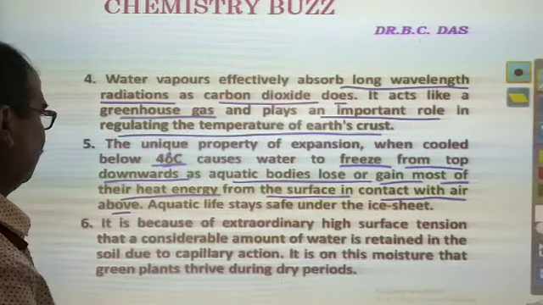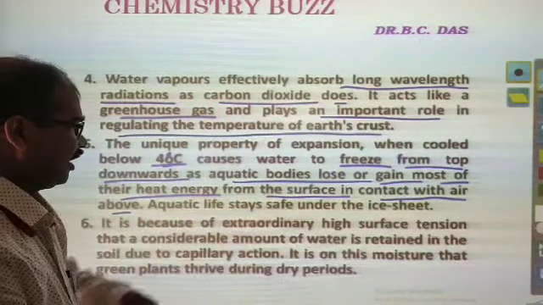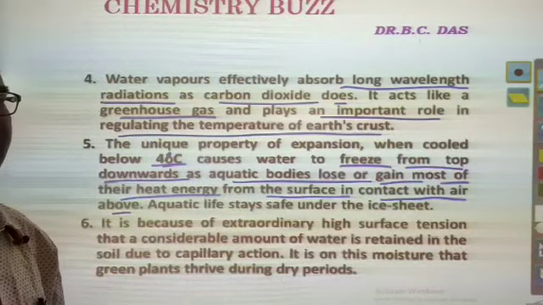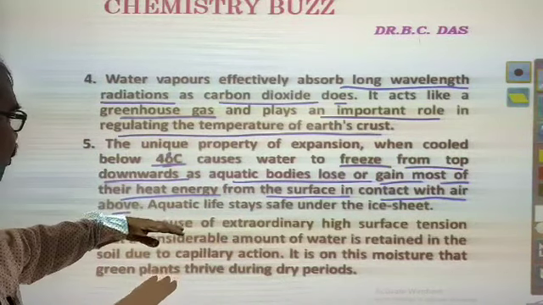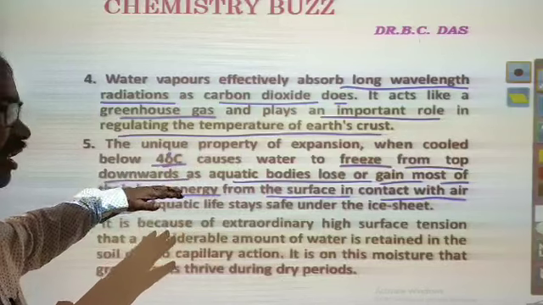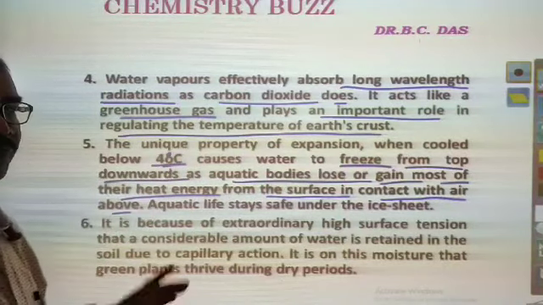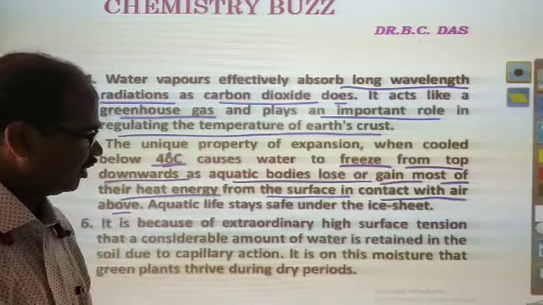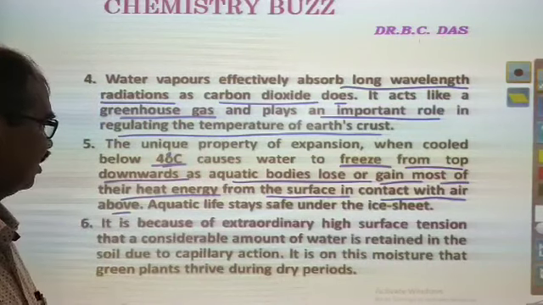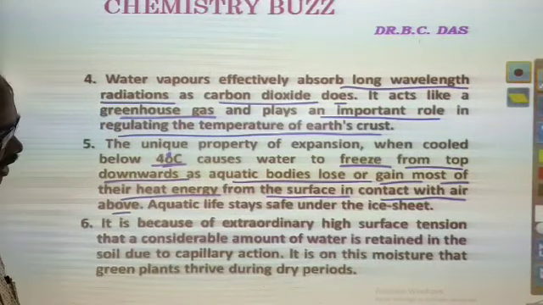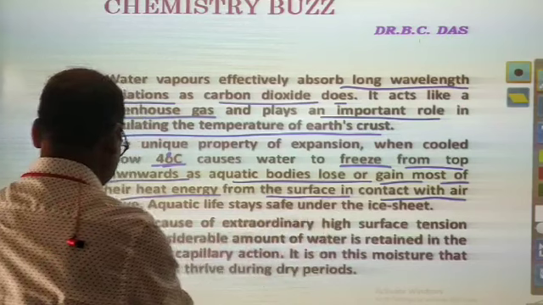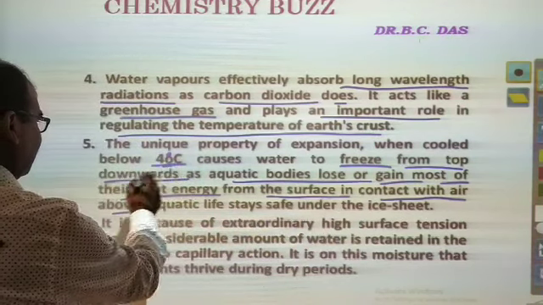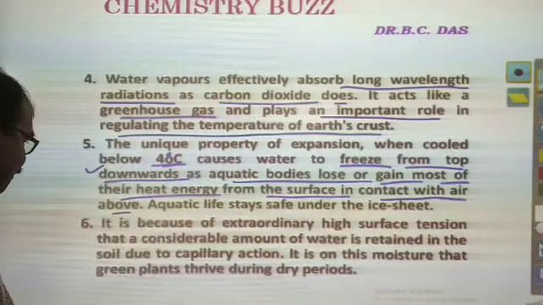So aquatic life stays safe under the ice sheet. As the temperature is lowered below 4 degrees centigrade, ice forms at the surface, but water remains under it, and the aquatic life stays safe under the ice sheet. This is the peculiar property of water.